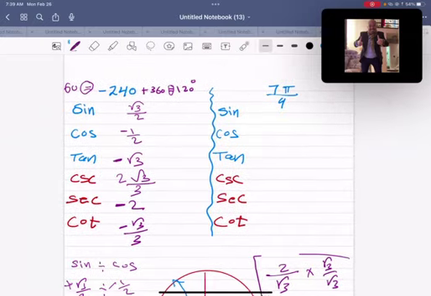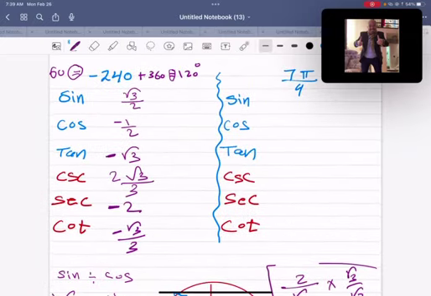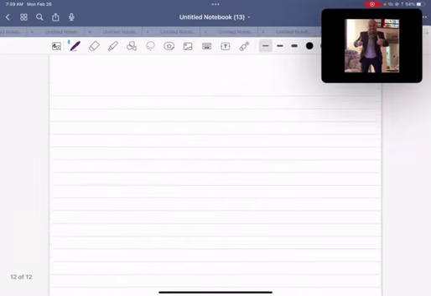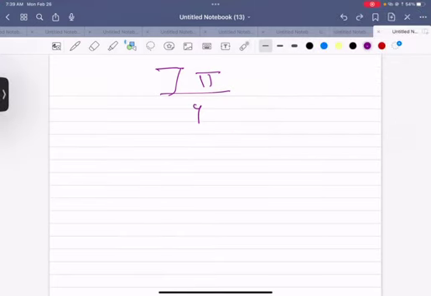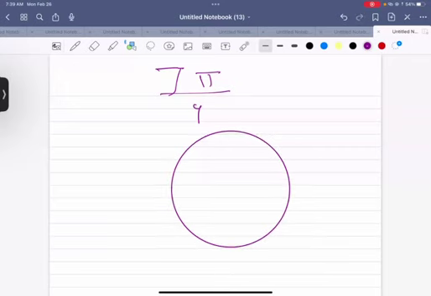All right, let's talk about 7 pi over 4. If I have my unit circle, oops, that's an oval. All right, and I have my 2 axes. 7 pi over 4, if you remember, is positive, going counterclockwise, and it's a multiple of 45 because it's over 4.